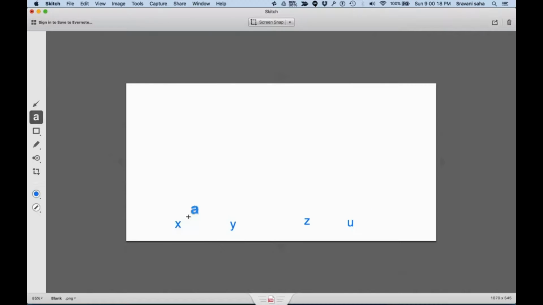We will get the square root of x square plus y square plus z square plus u square. Now the same function, if it is applied on only two values, what do we get? Let's say we get w, and this w is the square root of x square plus y square.